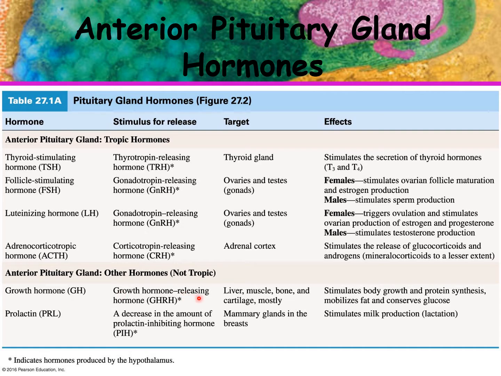It is stimulated to be released by the hypothalamic hormone, growth hormone releasing hormone. Prolactin stimulates the mammary gland to produce milk. Its release is inhibited by the hypothalamic hormone, prolactin inhibiting hormone.